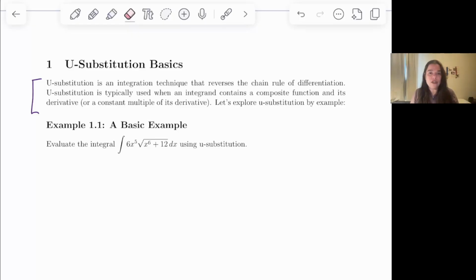If your teacher teaches you that a problem requires U-substitution, they're maybe overstating the case a little bit. No problem requires U-substitution. U-substitution is just a tool to help you go from a problem you don't know how to integrate, let's say, to a problem you do know how to integrate. So it is possible that some very experienced mathematicians can look at this problem here and just know what the antiderivative is without using U-substitution.